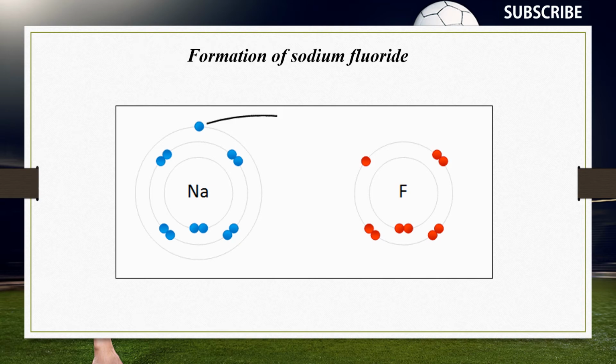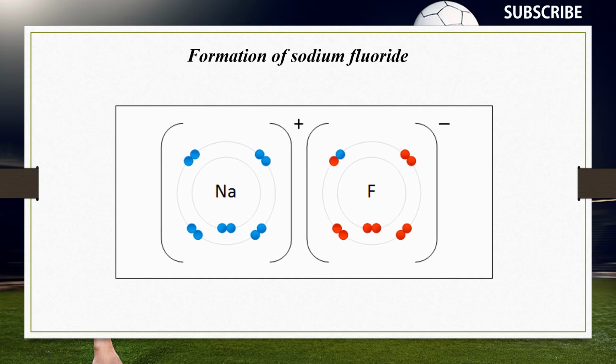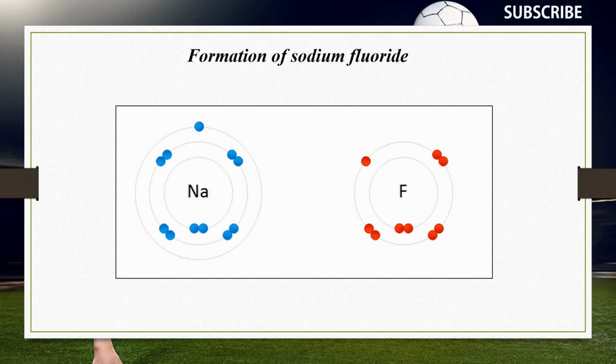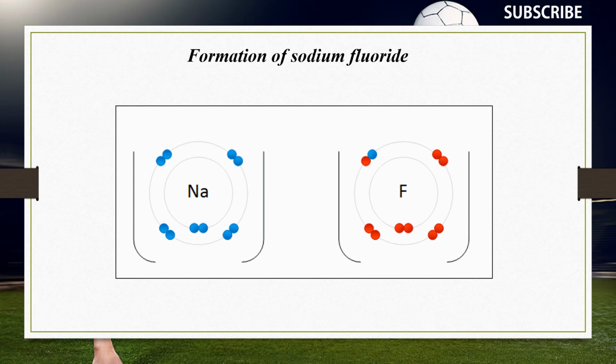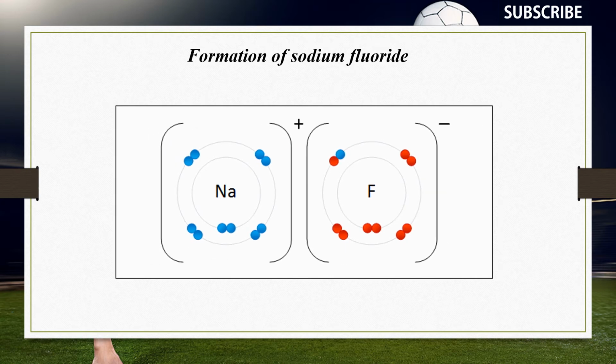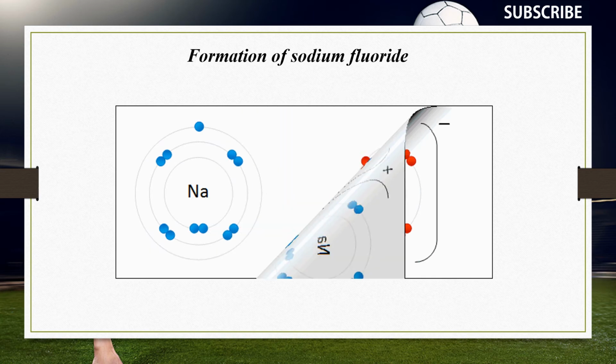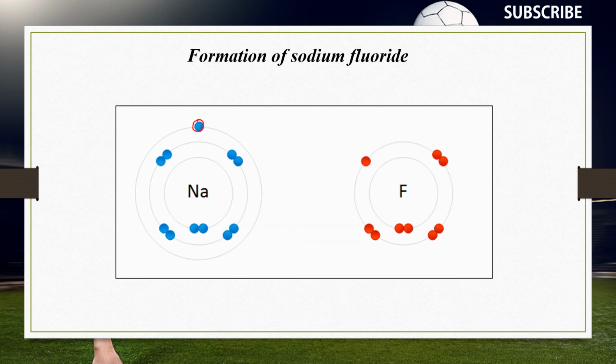Let us now look at the summary of ionic bonding using sodium fluoride. That means sodium is reacting with fluorine. When you look at this clip here, it shows that we have a sodium atom which initially has its outermost electron, and this outermost electron is then lost to fluorine.